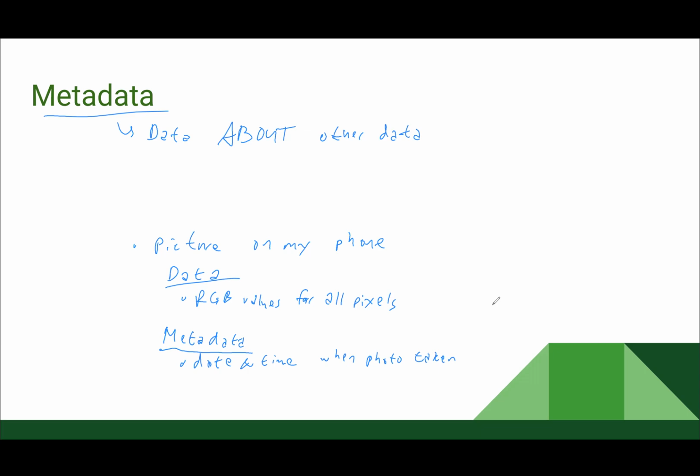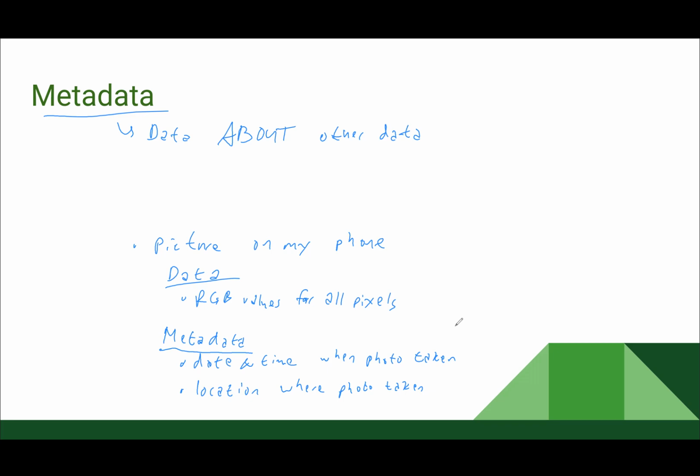That's not the picture itself, it's not the RGB values, it's information about that picture. So the date and time, maybe where I was, so the location where it was taken. Things like that are the information about the information that we're storing. So the metadata for the picture is all that kind of stuff.